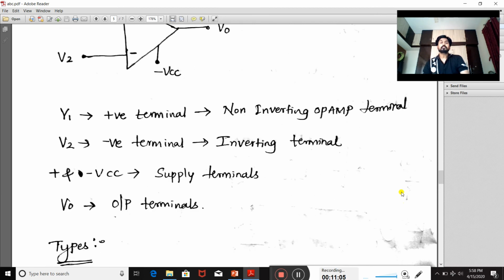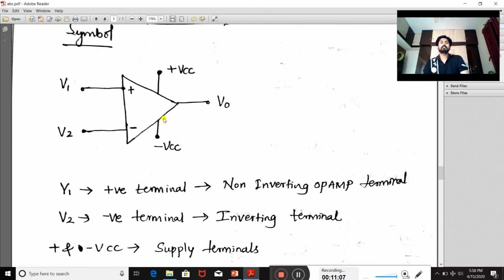So the open loop gain of this operational amplifier is very high. Ideally it is infinite, but practically in terms of mega value, it is a very high value compared with the other amplifiers.